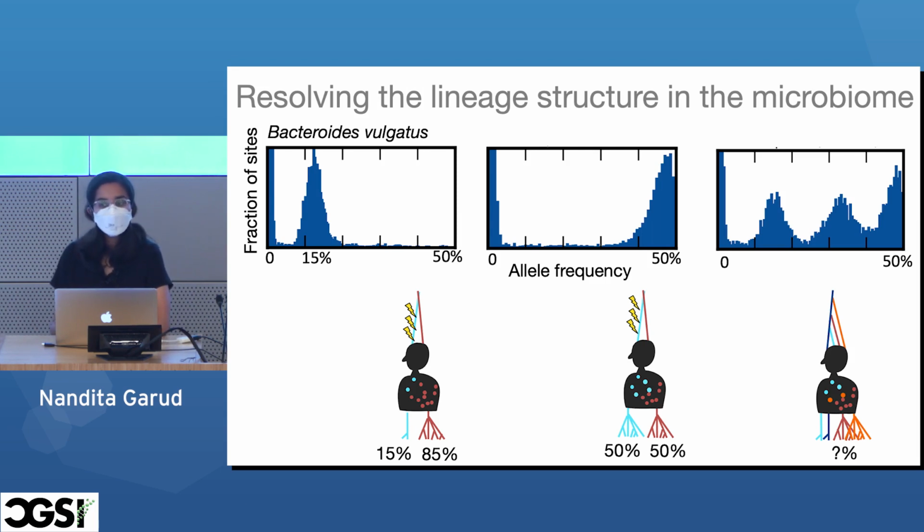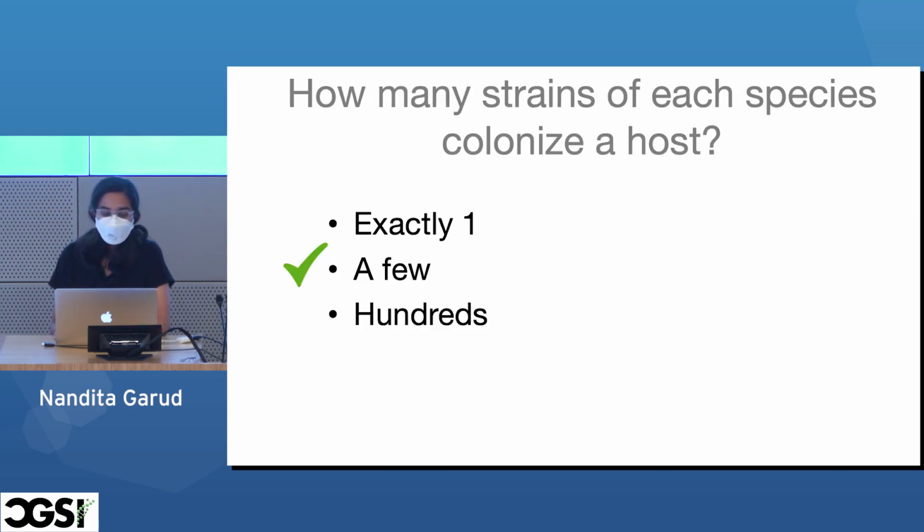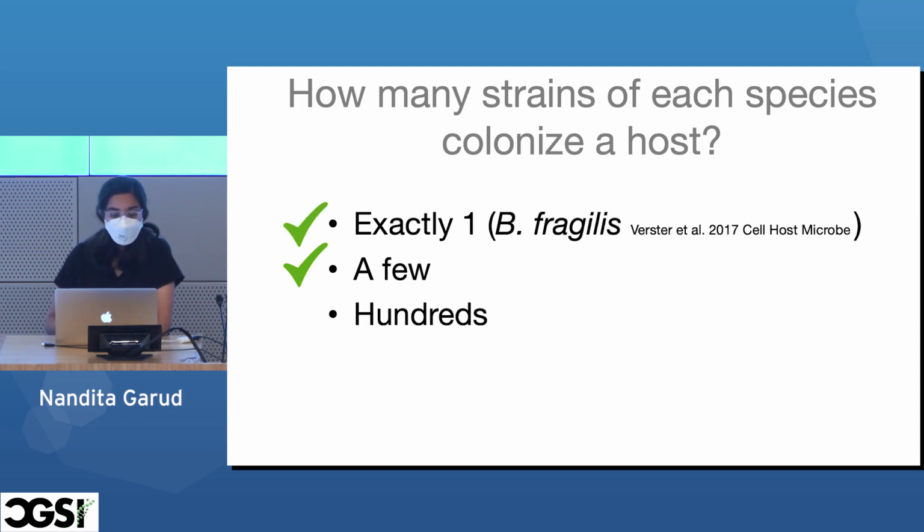It's not 10 or 15. And it's not really clear what ecological force governs which strain gets into you. There is one exception to all of this, and that is the species Bacteroides fragilis, which interestingly only one gets in due to competition. But for the majority of gut commensal species, it's just a few.